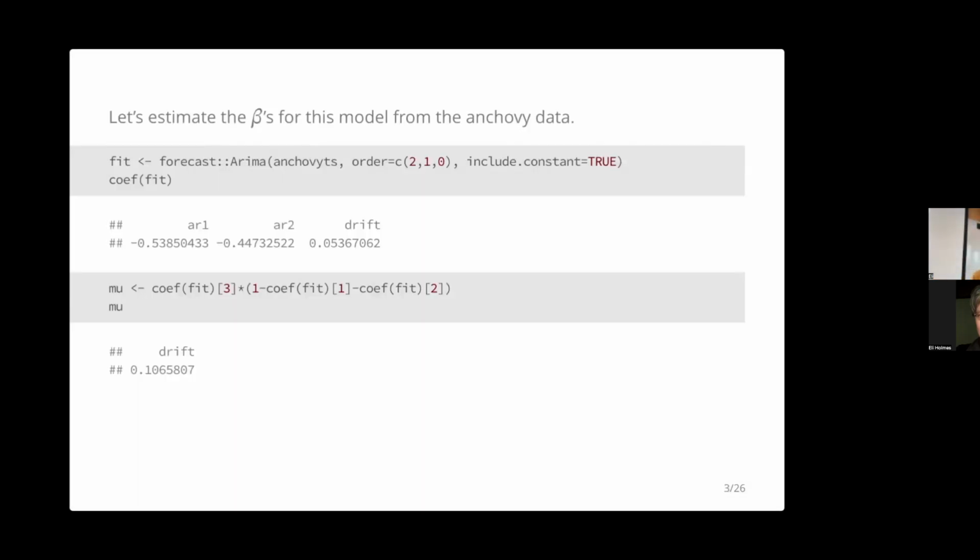Here's an example. I am telling Forecast to fit a specific ARIMA model. Before, I was doing auto ARIMA, where I said, hey, Forecast package, why don't you select the model for me? Tell me which one is best. With the ARIMA function, I'm saying, no, don't decide what to do.